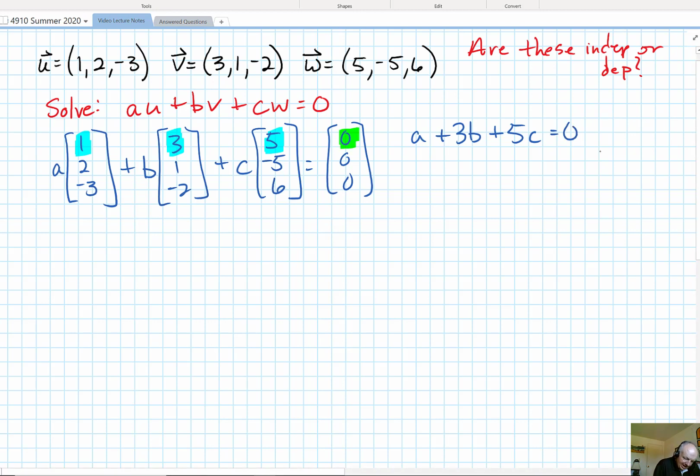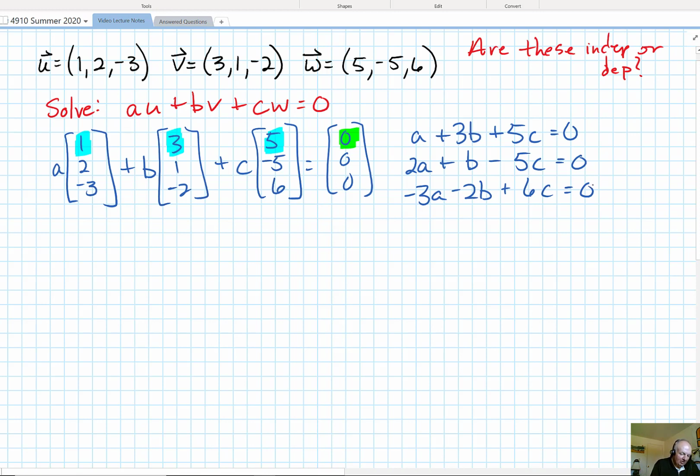So that leads to that equation. We do the second components, we get A times 2 plus 1 times B minus 5 times C also equals 0. And the third components give us this. So that's the system we want to solve.